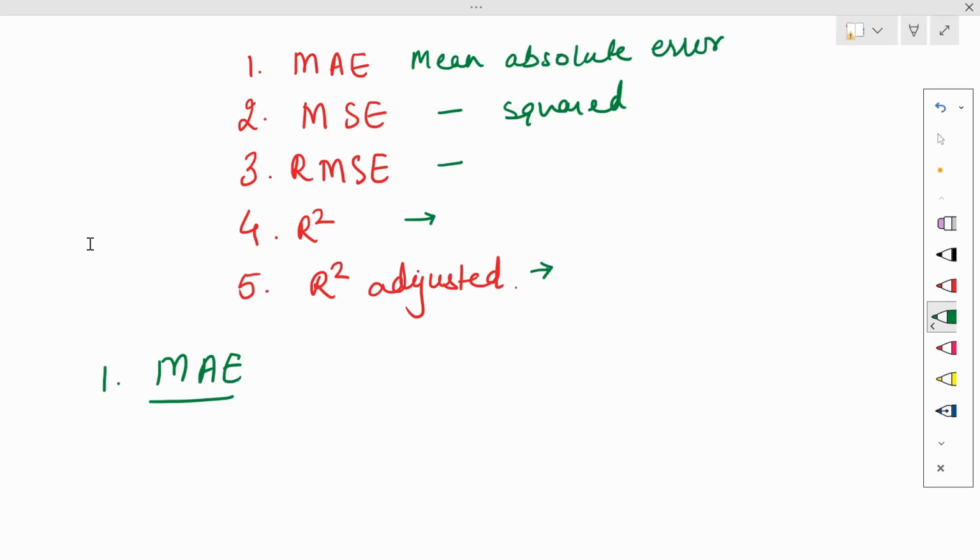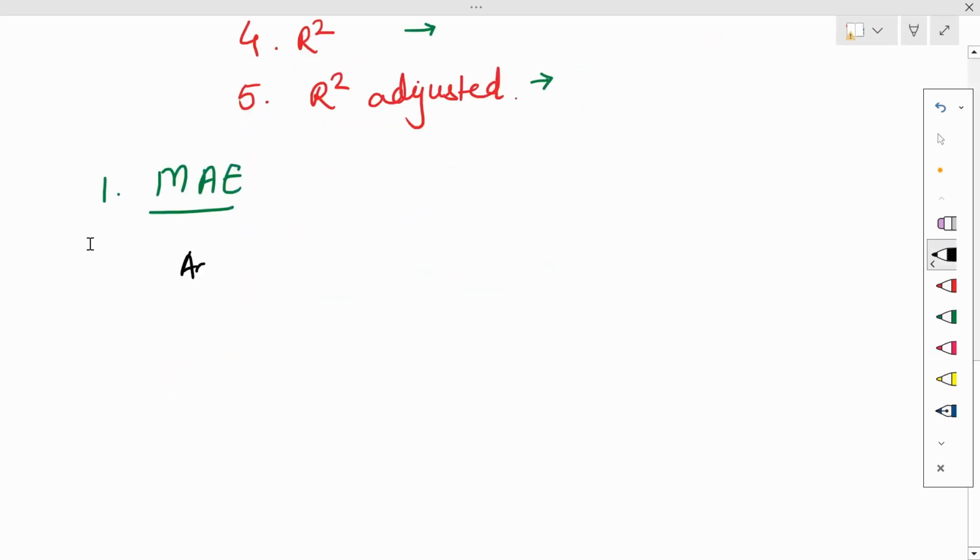Mean absolute error. If we consider we have some actual target values and then the predicted values. If 10 is the actual value, 12 is the predicted, or 11 is the actual, 10 is the predicted.